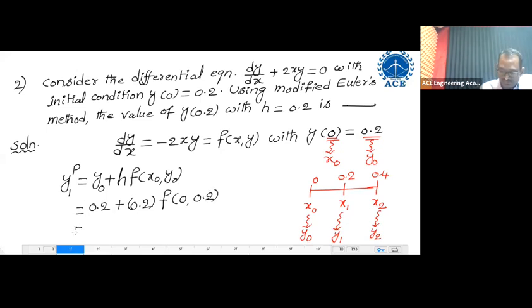So this is equal to 0.2 plus 0.2 into f of 0 comma 0.2, x value 0, y value 0.2, minus 2 into 0, 0. So y1 power p is equal to 0.2 plus 0, that is 0.2.